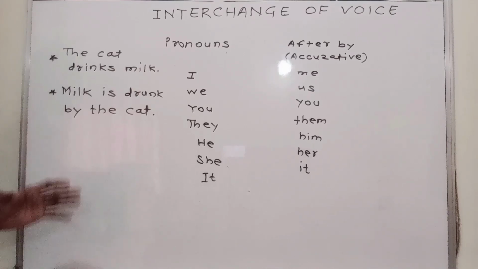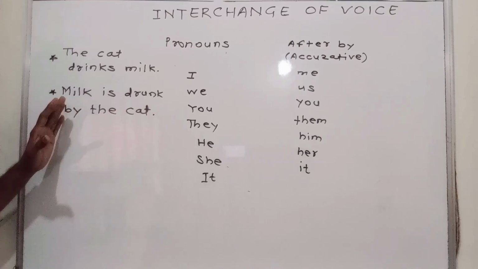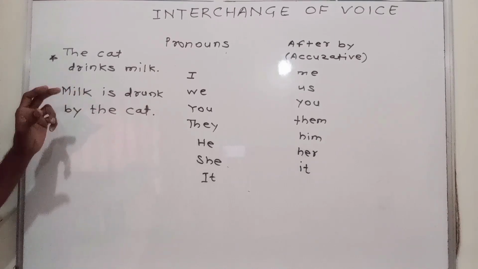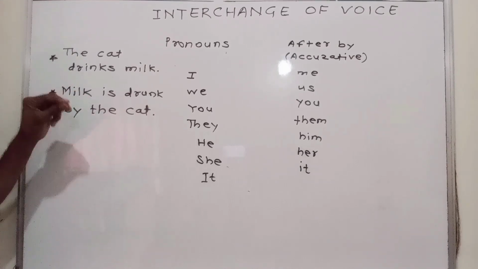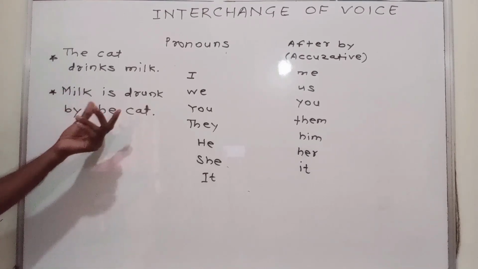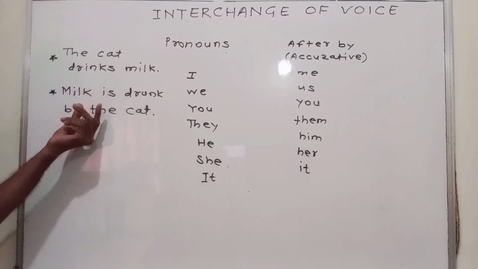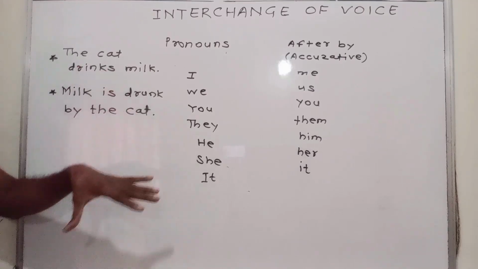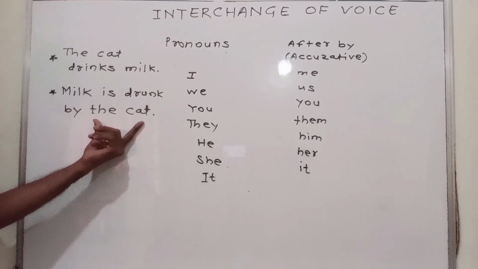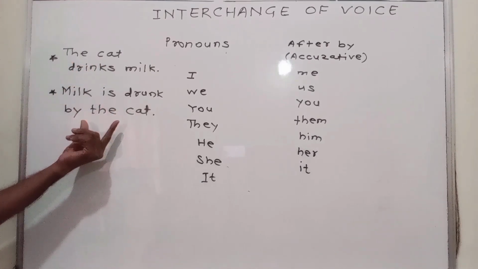Now this is our passive voice. Why do we say this is passive voice? Listen to me carefully. Here the verb denotes an action that is received by the original subject, the cat. Did you get it?